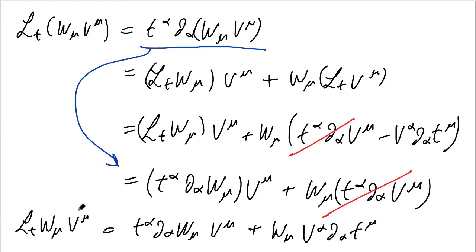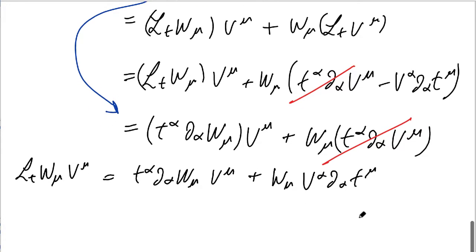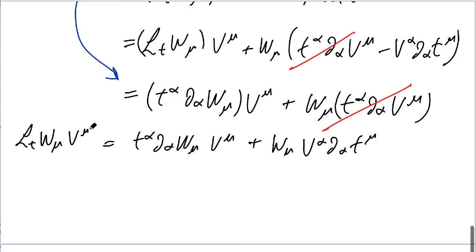Now notice we have a common factor of V in each of these terms, and I'd like to argue that we can cancel them because V is arbitrary. But first I need to change this index to a mu to agree with the indices on V here and here. So let's change this index to a mu, and then we'll change that other index to an alpha.